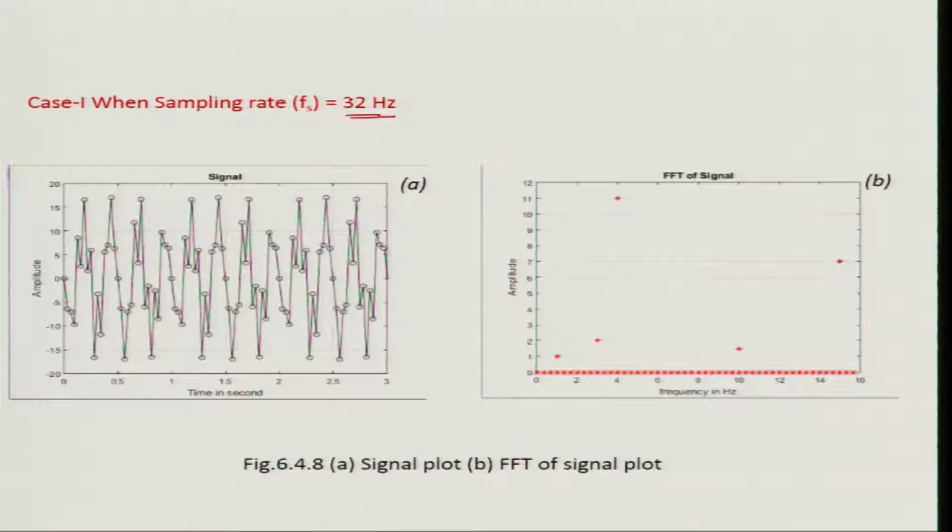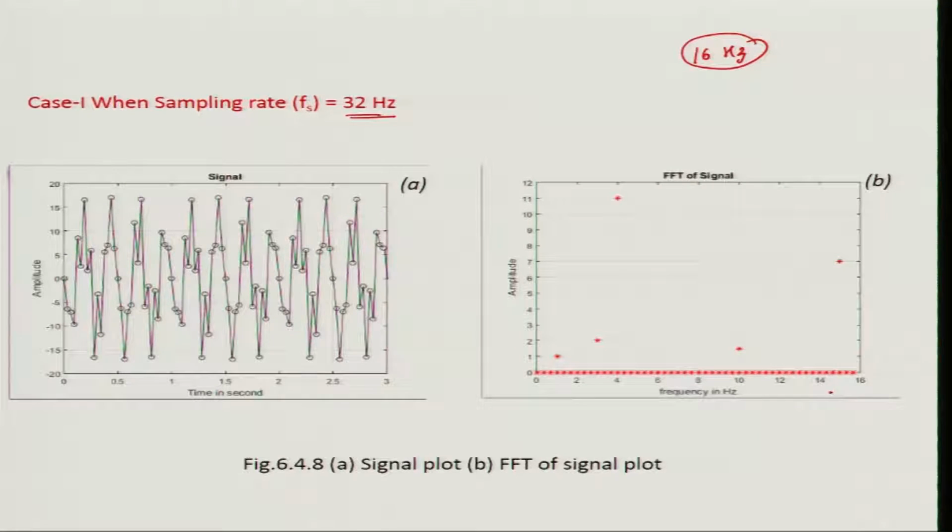So, I have sampled my data at 32 hertz. So, I will get accurate results up to what frequency? 16 hertz. Okay. I will not get any information above 16 hertz. So, up to 16 hertz I get decent information.